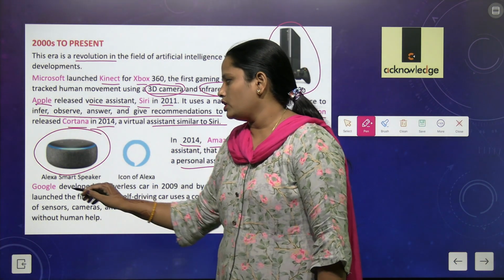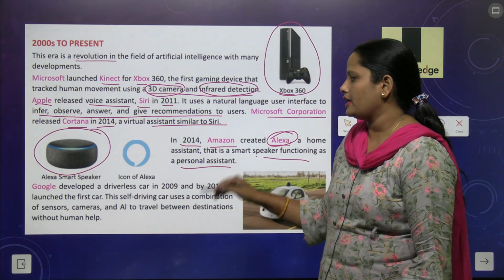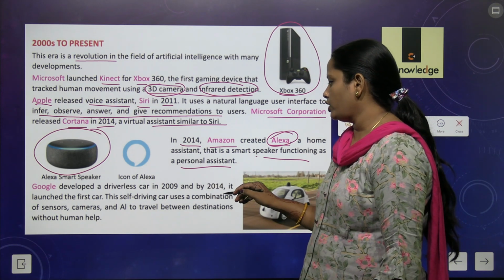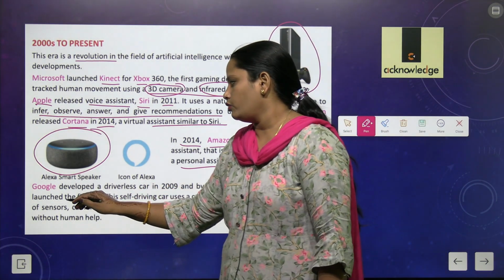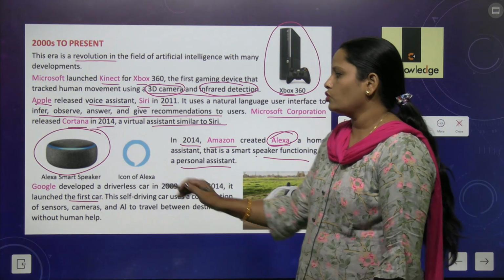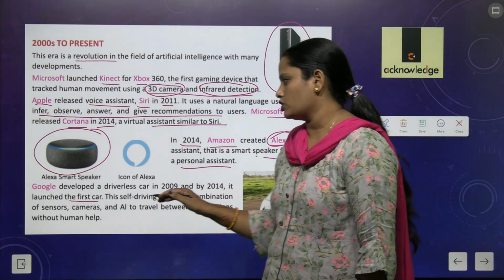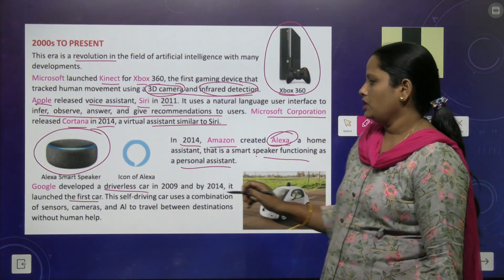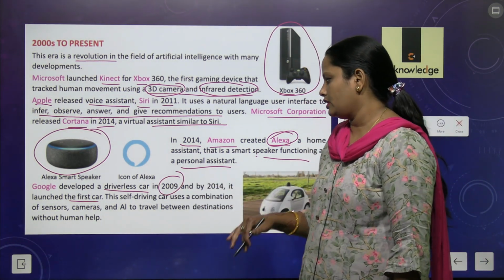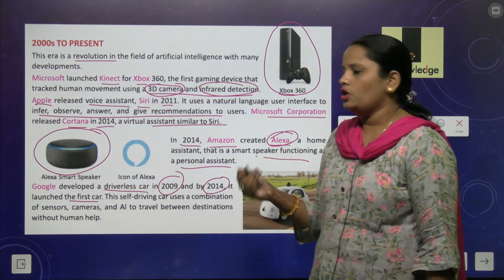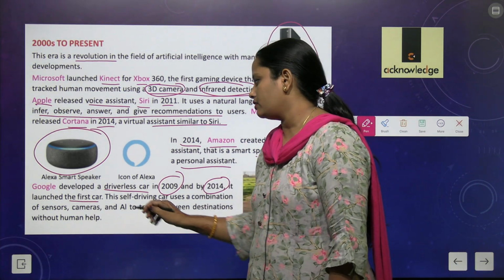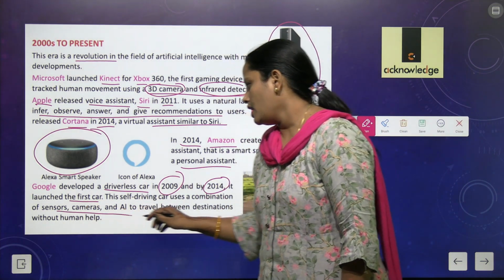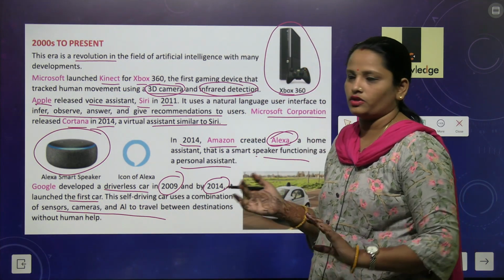Next, Google developed a driverless car in 2009, and by 2014 it launched the first car. So Google was also not bad. It also developed a driverless car, a car in which there is no driver. The self-driving car uses a combination of sensors, cameras, and AI to travel between destinations without human help.